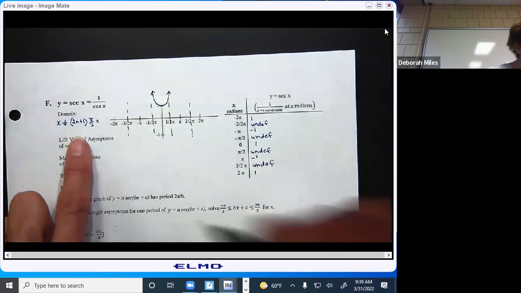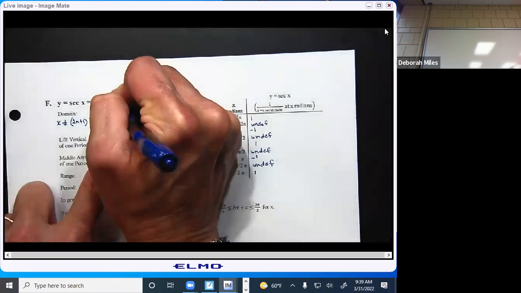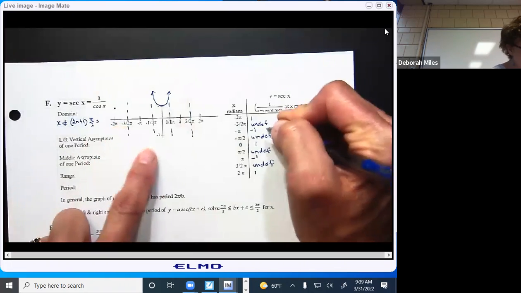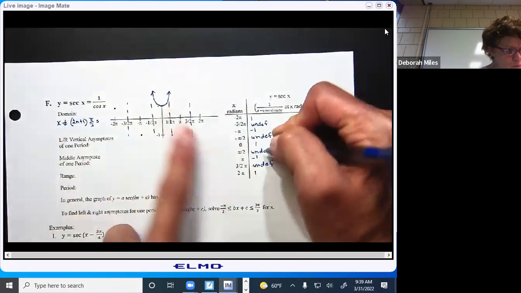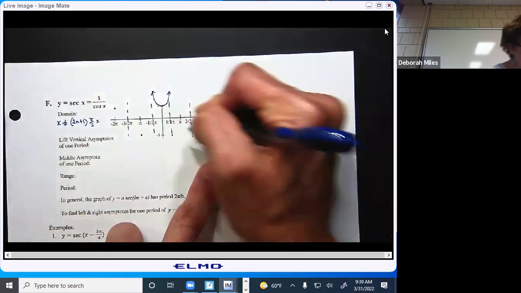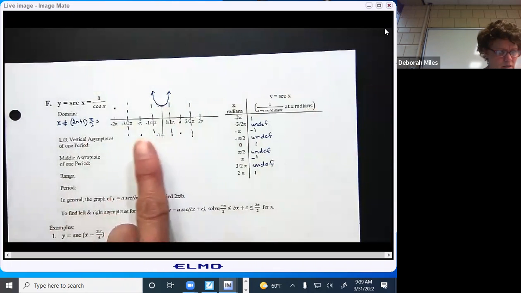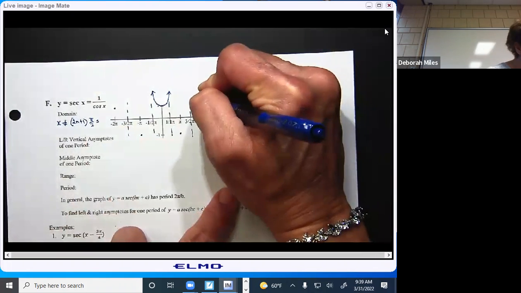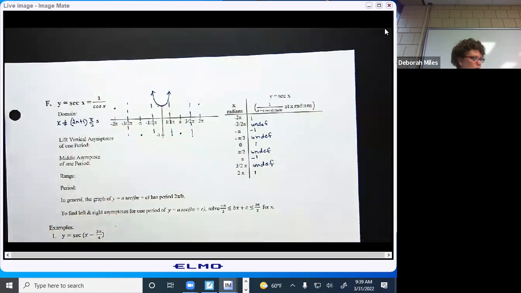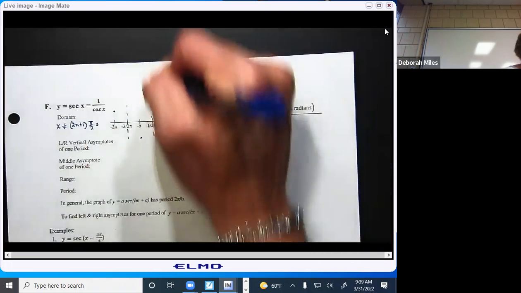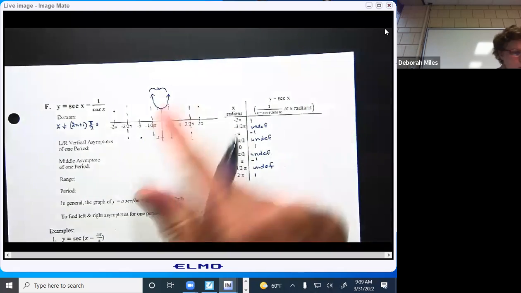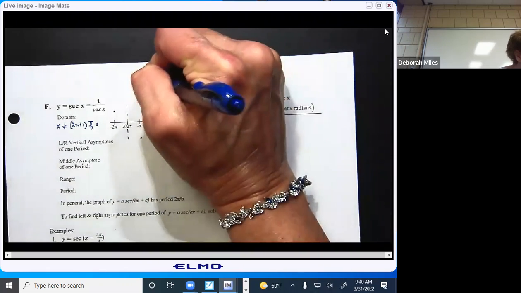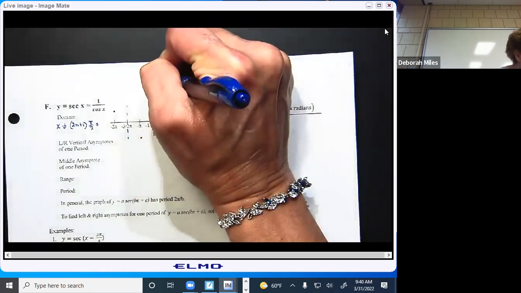So if I plot those points, negative 2 pi 1, negative pi negative 1, 0, 1, pi negative 1, 2 pi positive 1, I can tell what we got based on what I remember about cosecant and what we figured out here about quadrant 1 and 4.